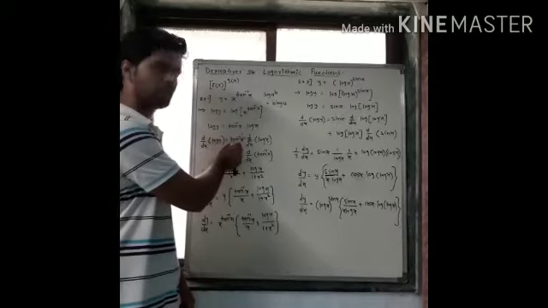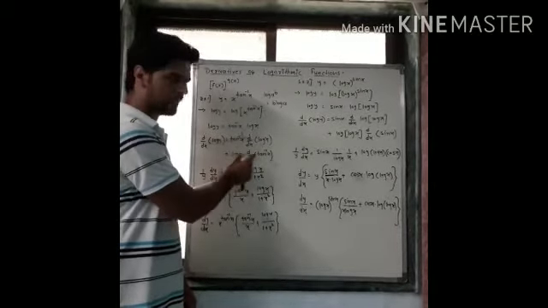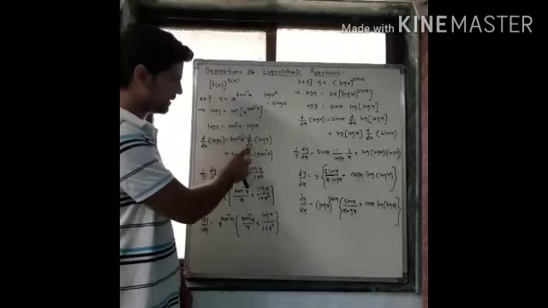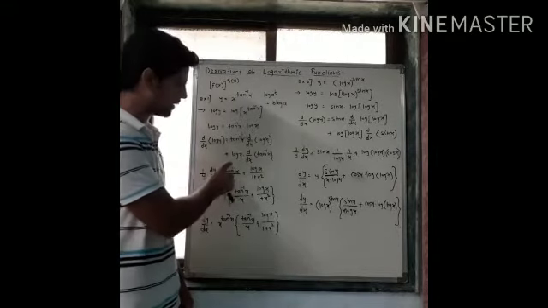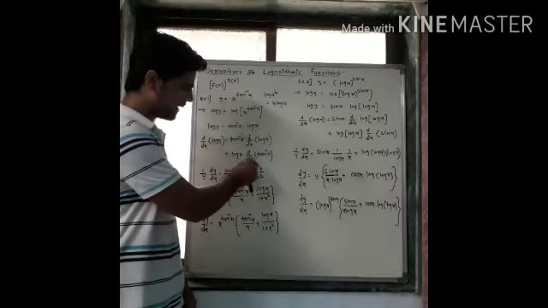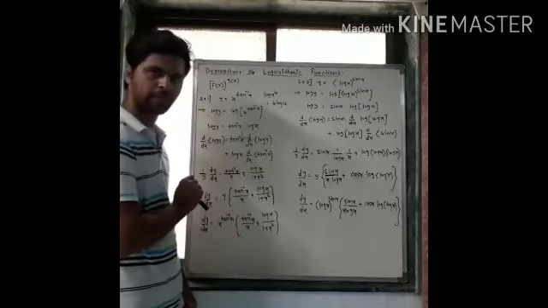So first function constant, derivative of second function. Derivative of log x is 1 by x, and this tan inverse x as it is here. So tan inverse x by x. Now log x is constant, derivative of tan inverse x is 1 upon 1 plus x square, right?